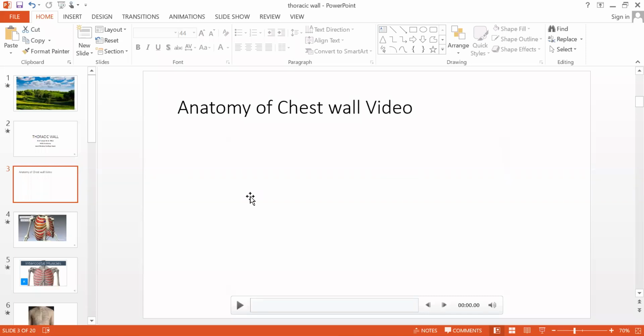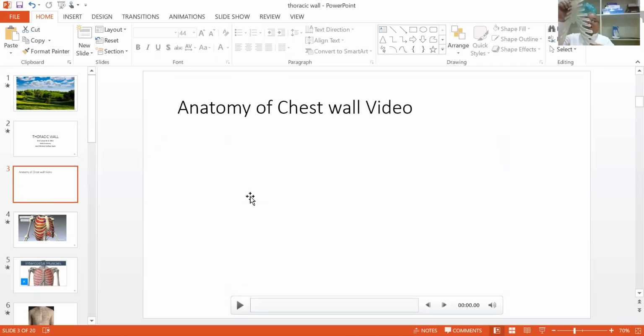If you can see here, this is manubrium and this is the body of the sternum, and this is the xiphoid process. And these are the costal cartilages. This is the first rib in my hand. It is an atypical rib, and the rest, up to seven, are attached to the sternum. These are the true ribs.